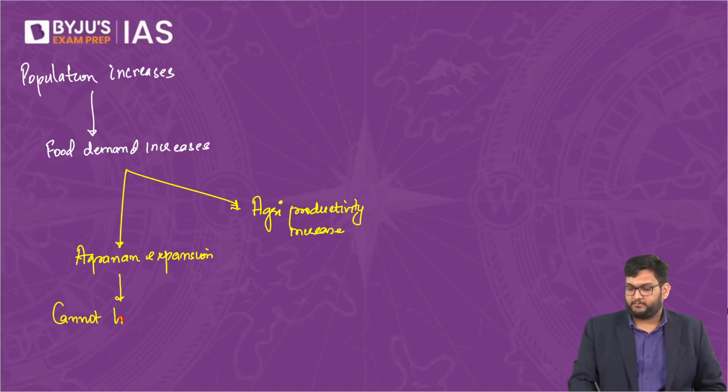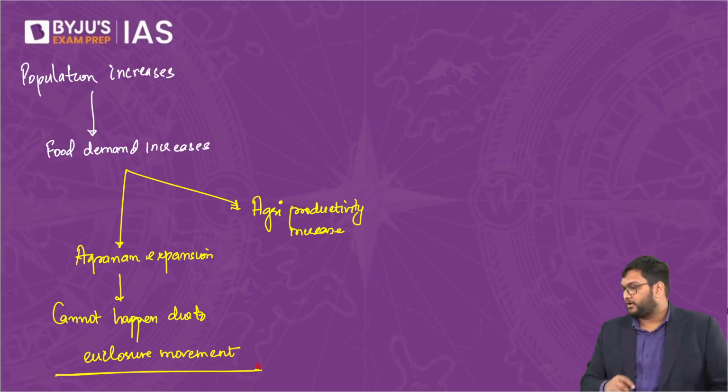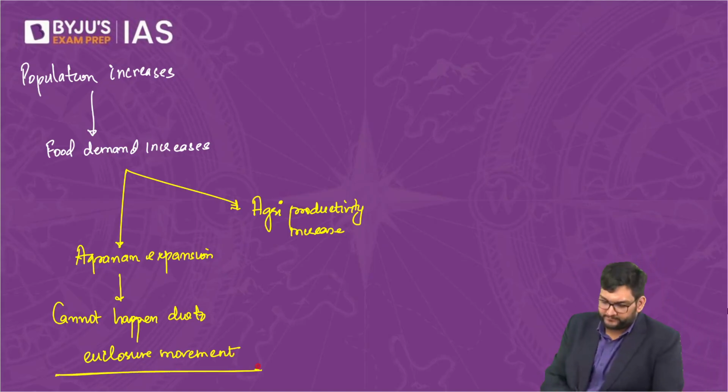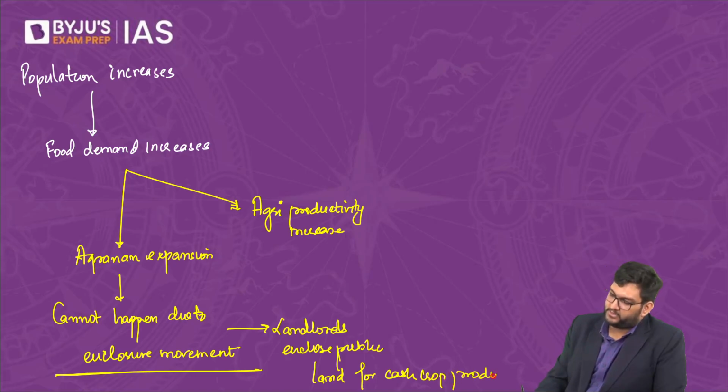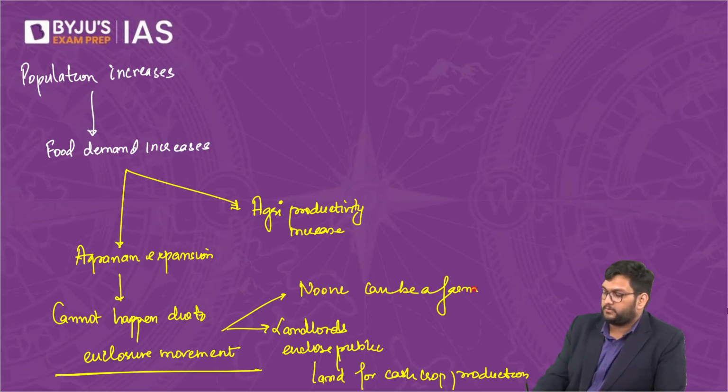Cannot happen due to the enclosure movement. Landlords enclose public land for cash crop production, and no one can be a farmer as no land is available.